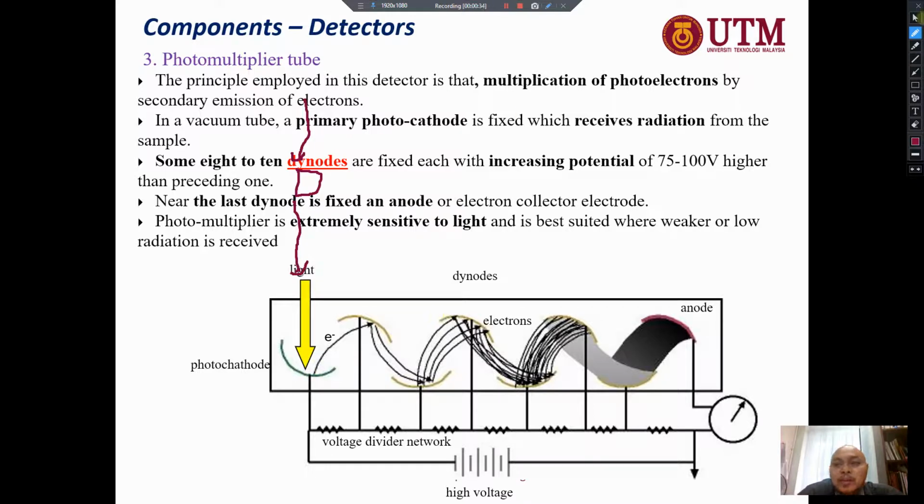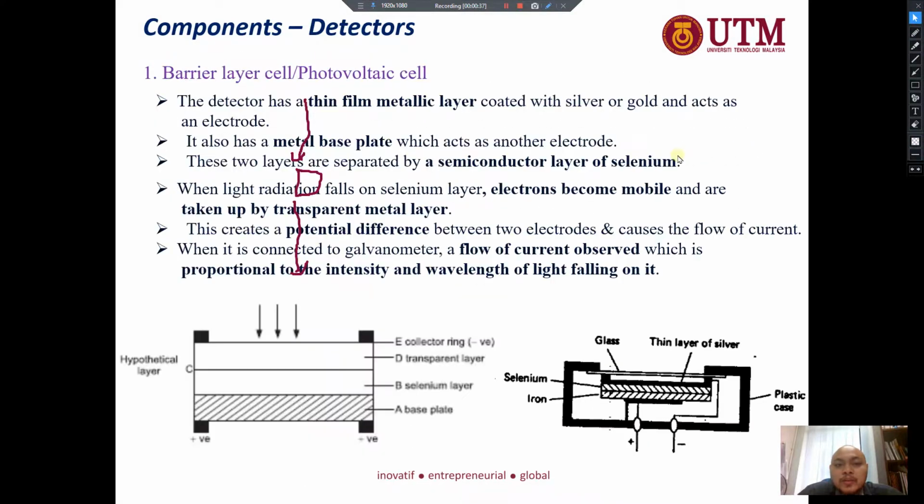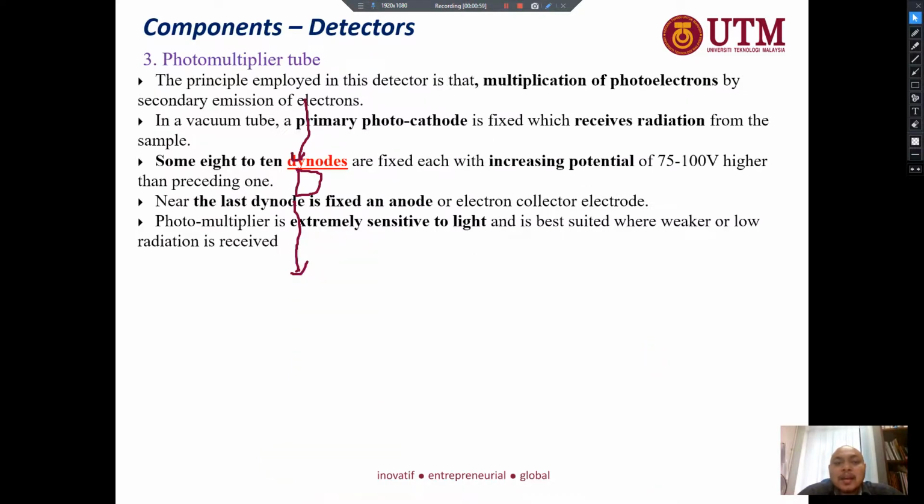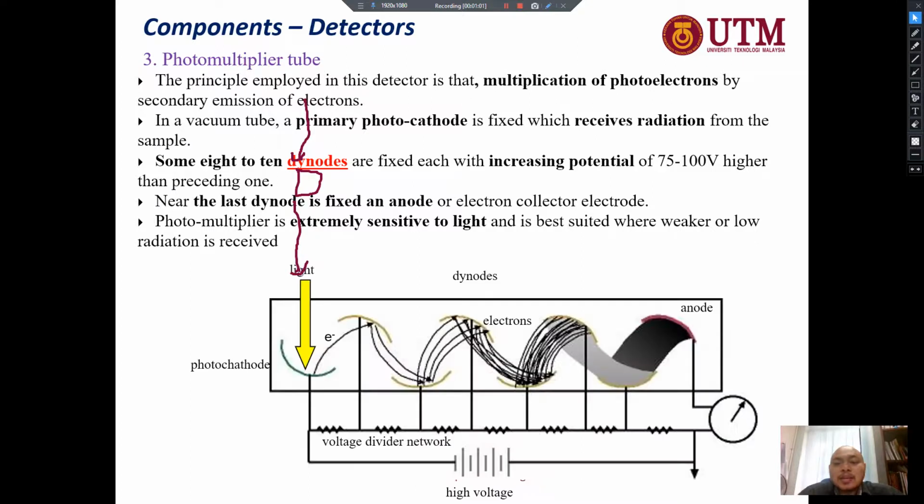If we compare to the previous detectors, the process occurs only once. It doesn't repeat. When it reaches the electrode, it will produce the current flow, and then you get the data reading. Same goes for the phototube. You get everything only once. But the photomultiplier tube involves the process of multiplying the electrons. That's why we call it the photomultiplier tube detector.